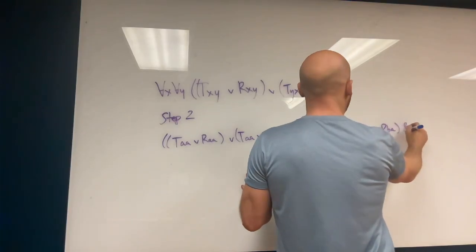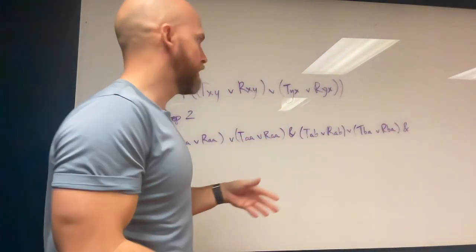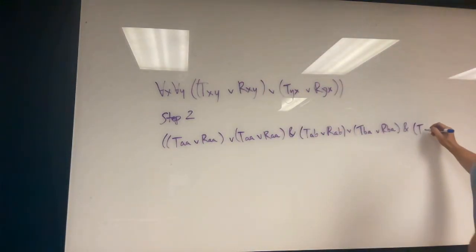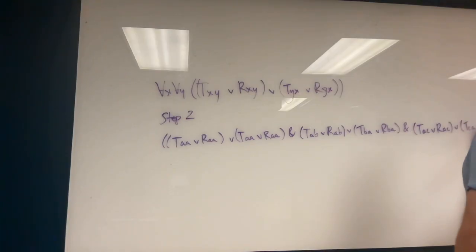Now, and to continue on and do the C's. So what does it look like over here? TAC or RAC. Thought I was going to have enough room. TCA or RCA.